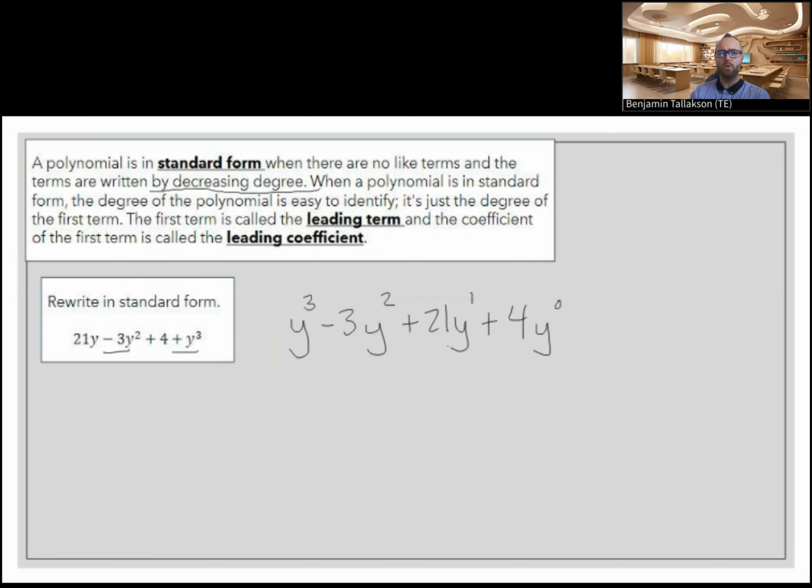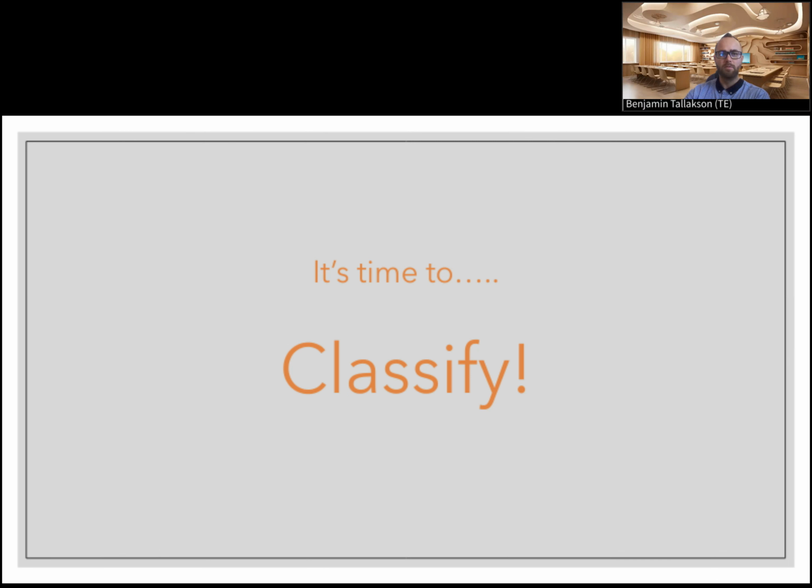And if you don't see a coefficient, it's always 1. So the leading coefficient is 1. Okay, so now you know how to write a polynomial in standard form. You also know how to categorize it based off the degree, and you know a little vocab there.